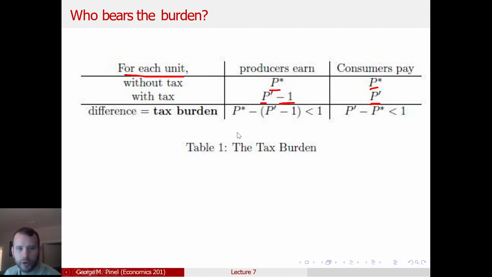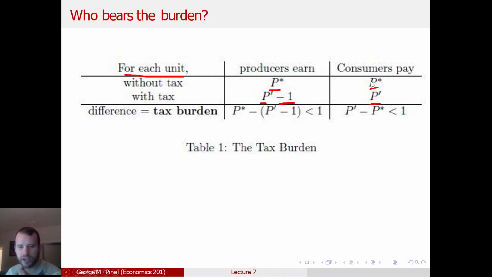We call it the tax burden per unit. The difference between P star, what producers would have gotten in the absence of a tax, minus what they're getting with the tax, is the producer tax burden, and it's less than the amount of the tax.